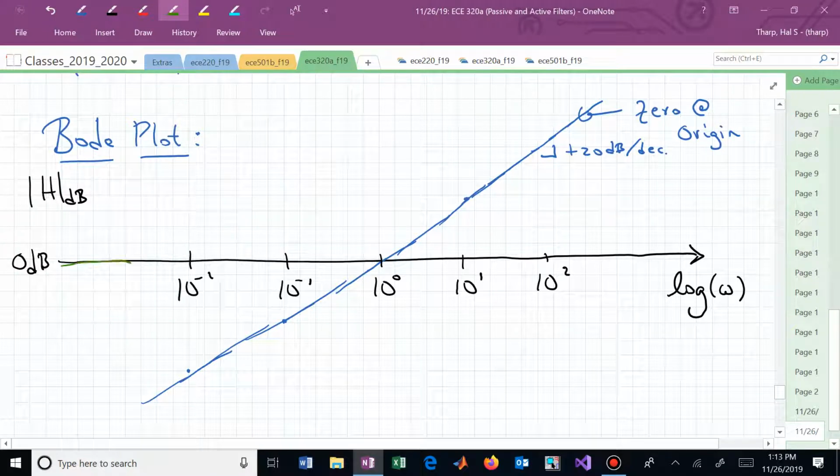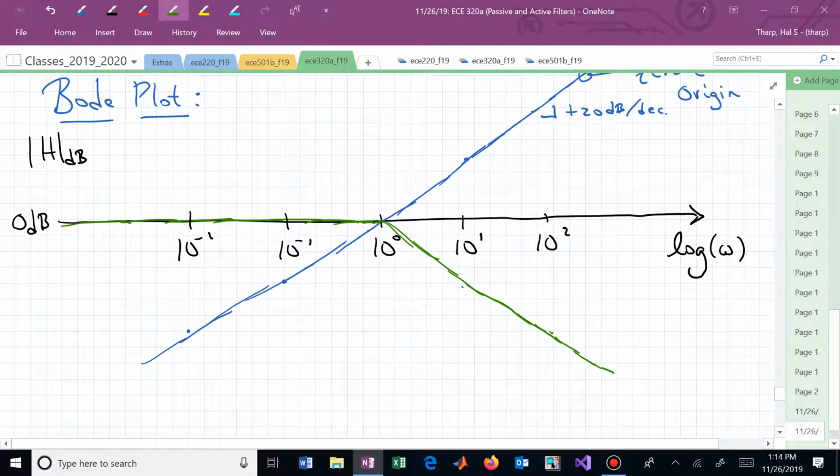It's 0 dB until we get to 1, and then it goes down at the same slope as the 0 was going up. So this is now -20 dB per decade.